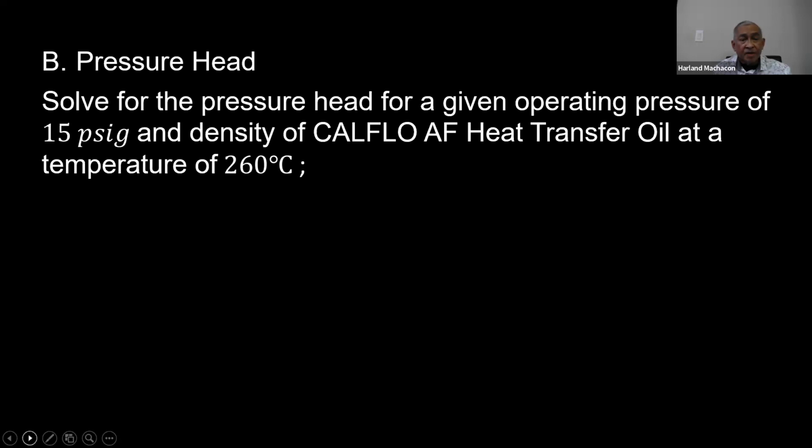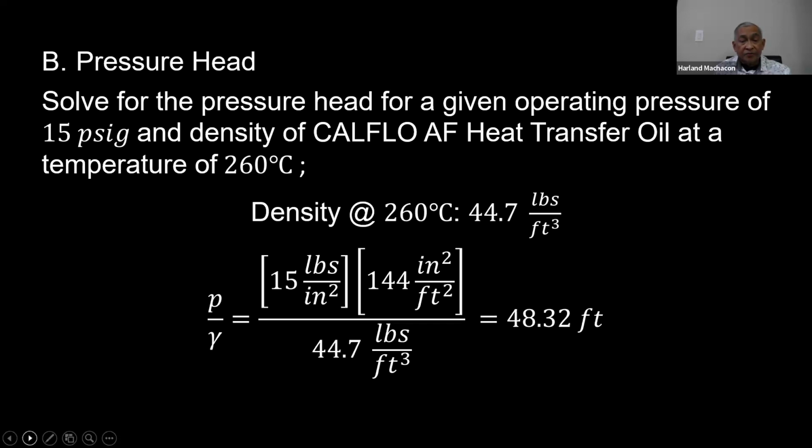So let's start with pressure head. We will solve for the pressure head for a given operating pressure of 15 psig and a density of CalFlow AF heat transfer oil at a temperature of 260 Celsius. The density is 44.7 pounds per cubic foot.